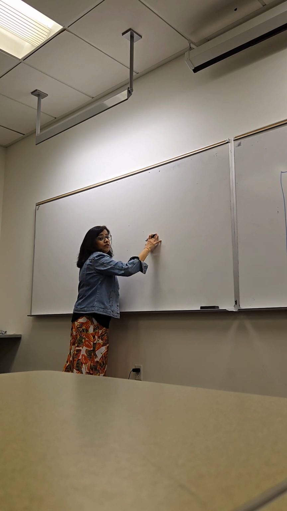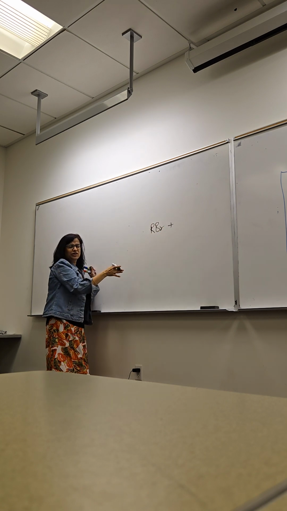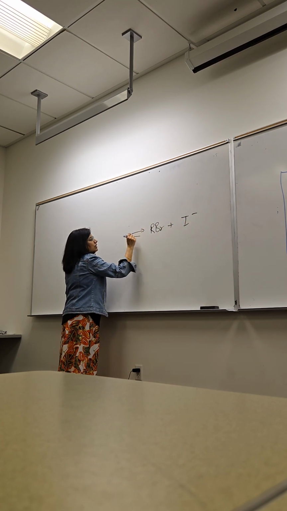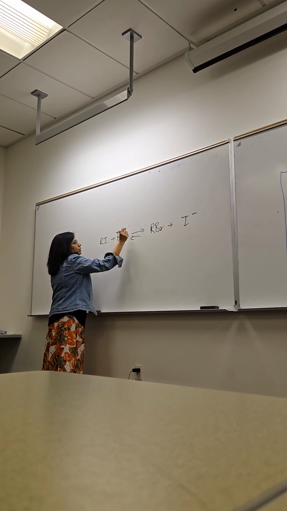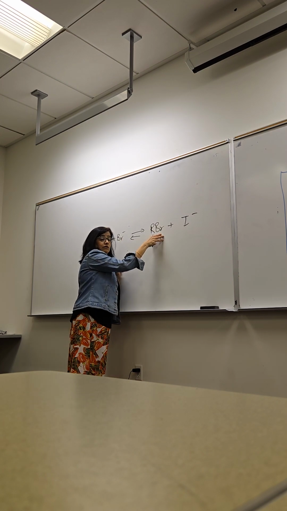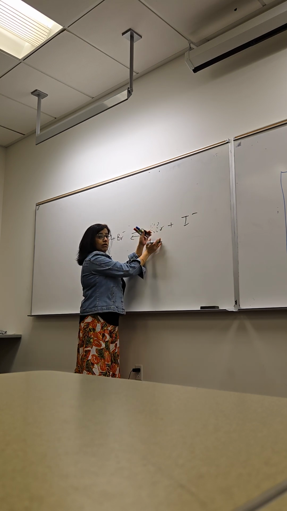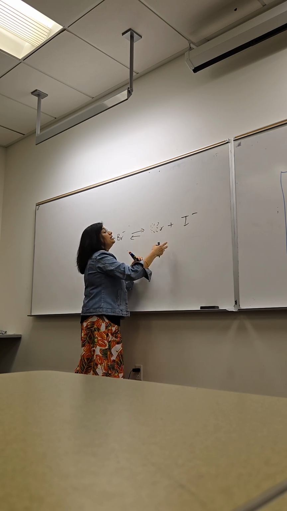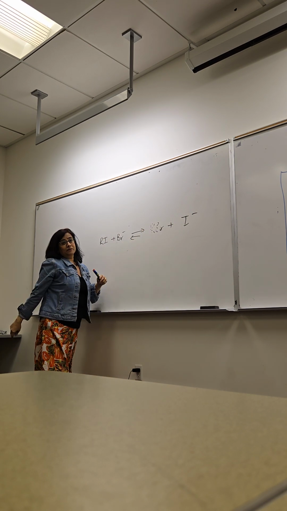If I wanted more of RBr, the product, here's your equilibrium, what did I have here? RI plus Br minus. Okay, cool. So if I want this, if you keep removing it, it makes more. I thought you were saying that you wanted the iodine. No, but if you wanted this, not that, then you've got to do the opposite. Okay. Absolutely.